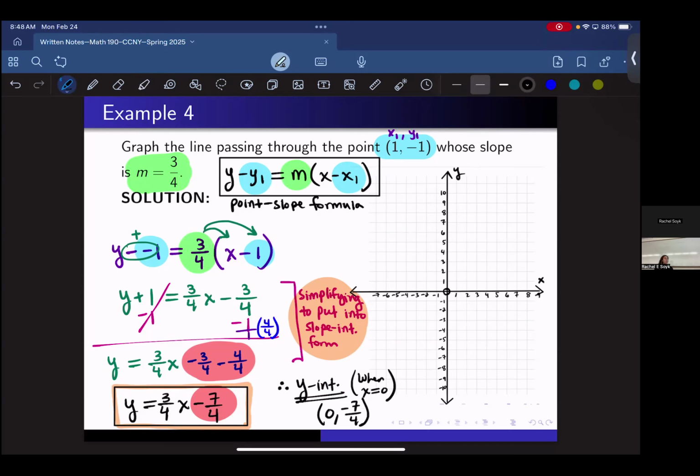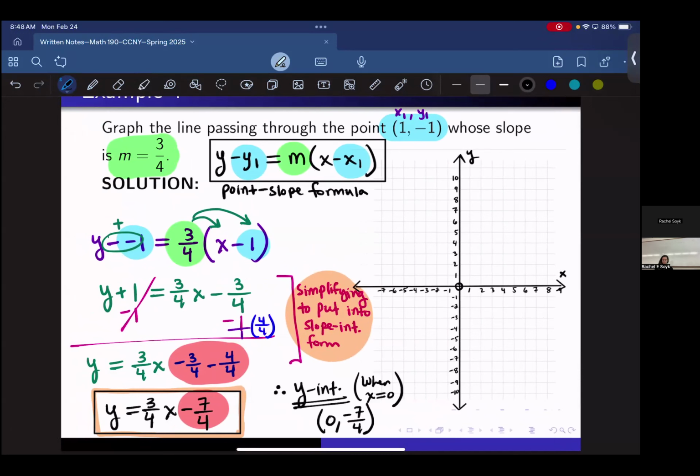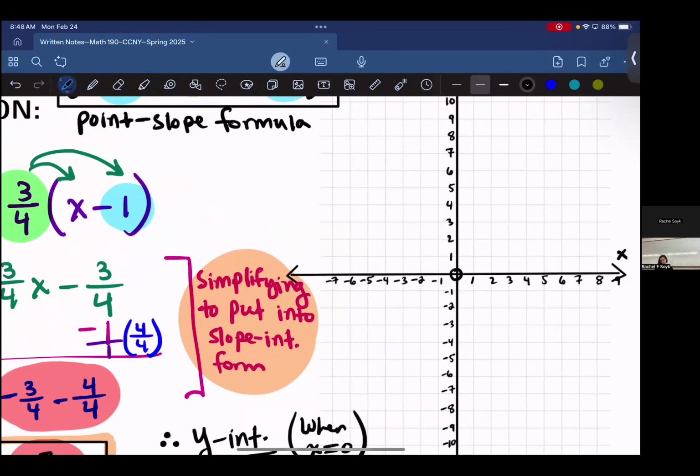Well, anytime we're graphing a line, we need to start with the y-intercept and then use the slope from there. So -7/4 is about what? As a mixed fraction, it's -1 and 3/4, right?